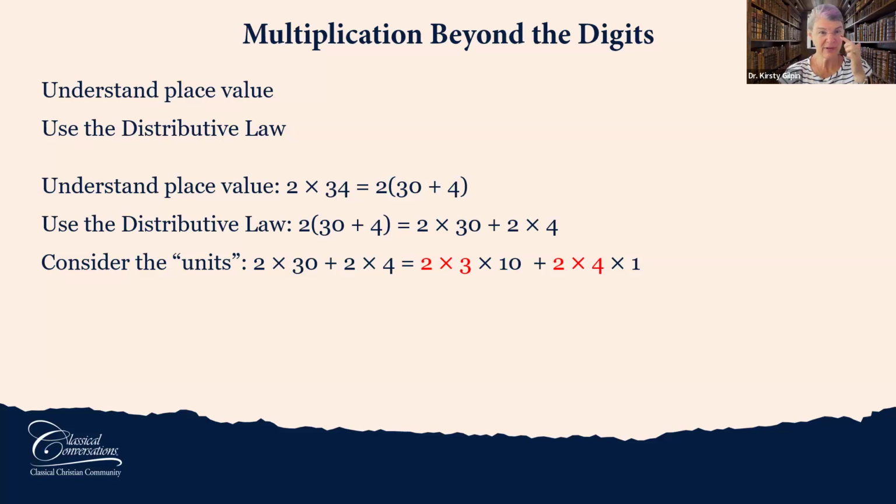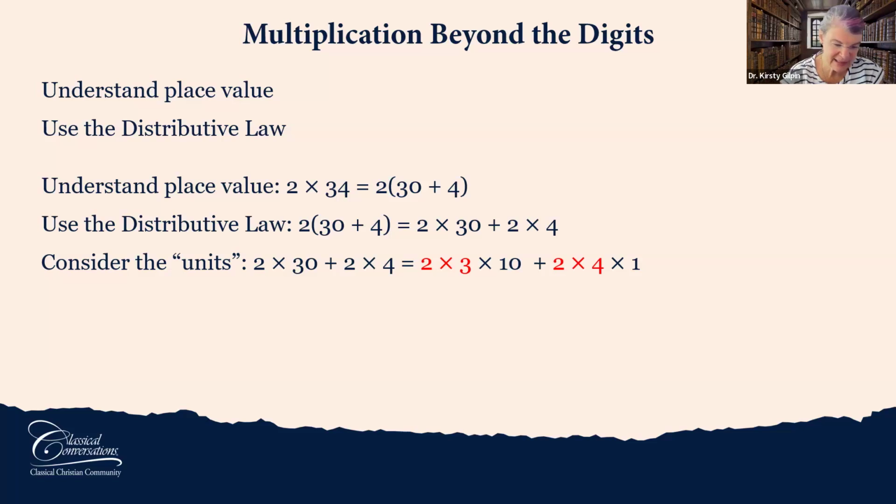So I say, first, understand place value, which means that I look at my numbers and I can recognize that 34 is 30 plus 4. And in this case, I'm leaving it in its additive expansion. Then I can use the distributive law. Instead of 2 times 34, I recognize that 2 times 30 plus 2 times 4 is the same thing. And then I'm going to think about what my units are.